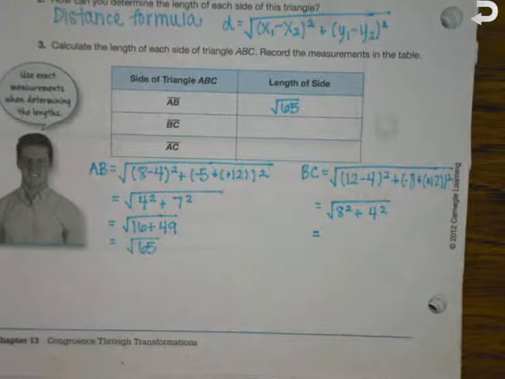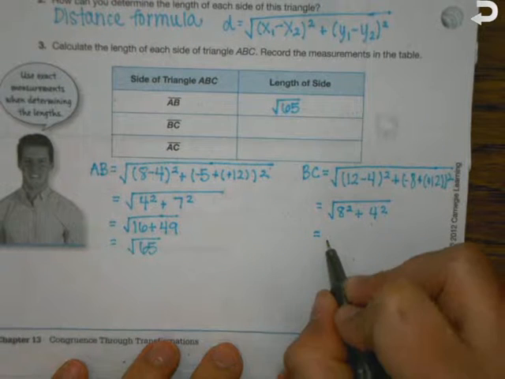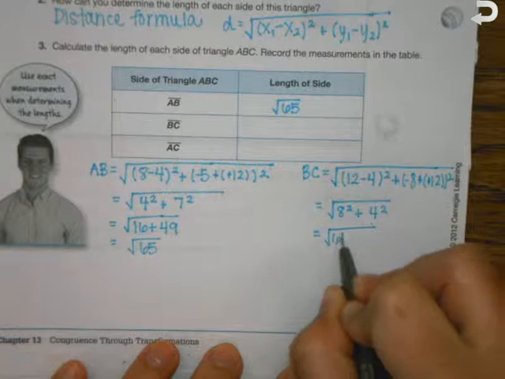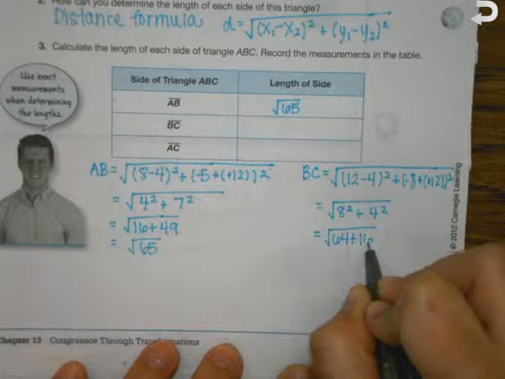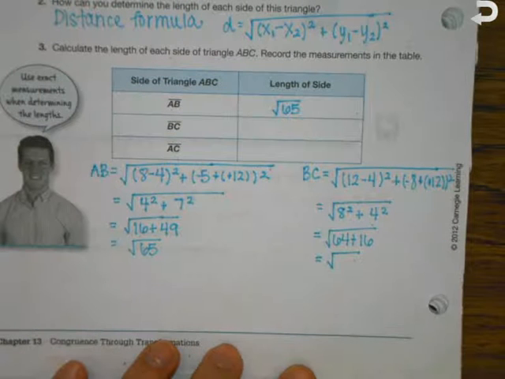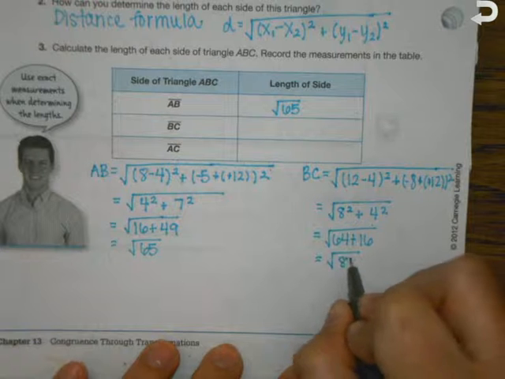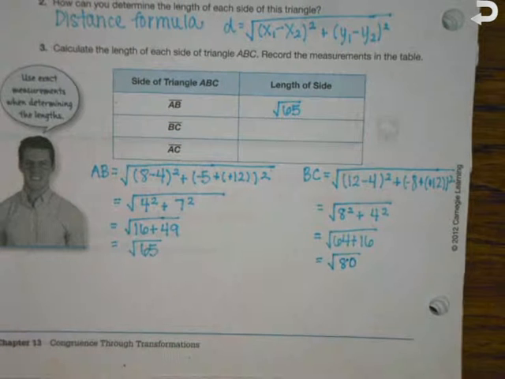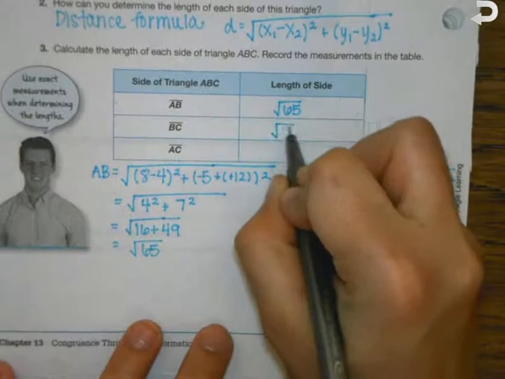Equals, ladies and gentlemen, what is 8 squared? 64 plus, okay, what does 64 plus 16 give us? 80. Is 80 a perfect square? No. No, so we're going to leave it as the square root of 80.